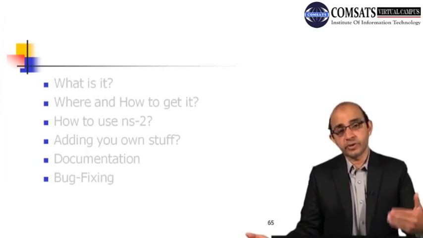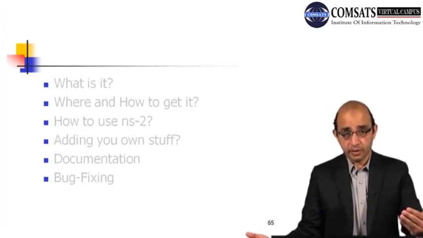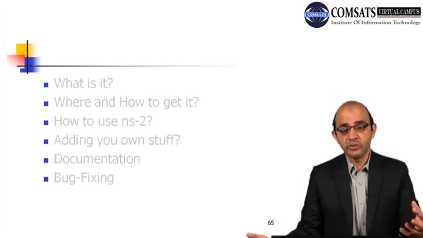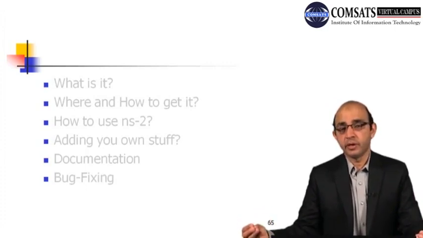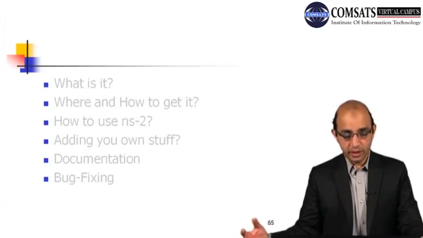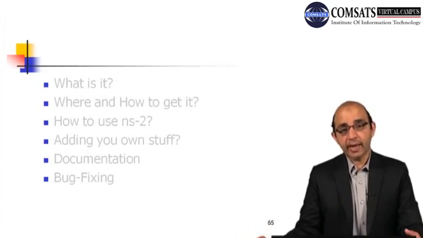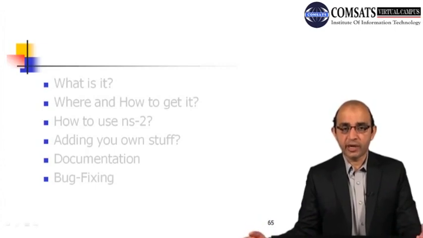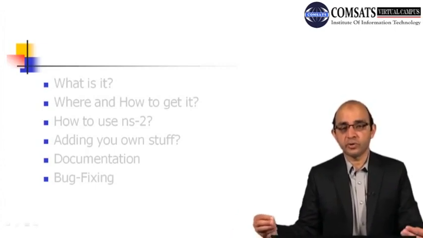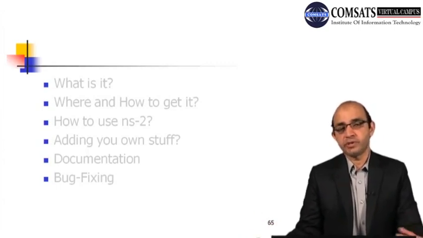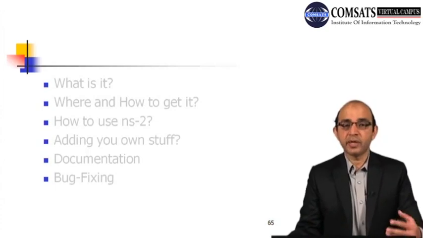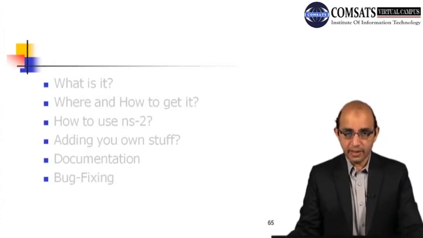And we have also gone through some scenarios, some use cases, where you can understand how you can generate a scenario in order to simulate your own network, your own use case. And then if you are interested in adding your own stuff, for example, your own protocol, a new node, a new router or maybe something else, you can add this stuff in NS2.